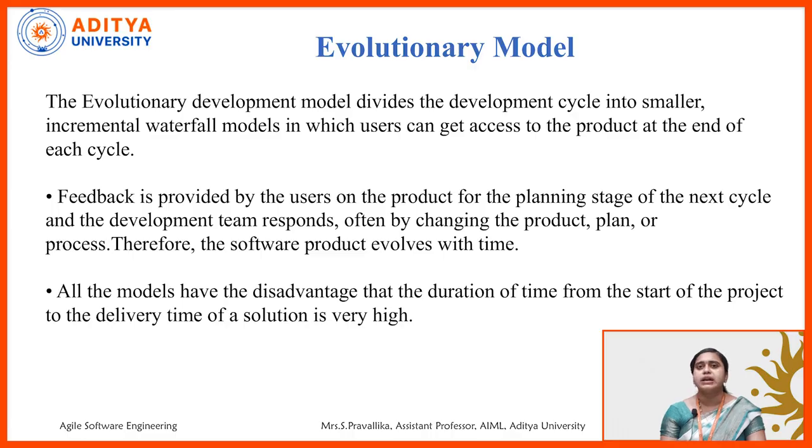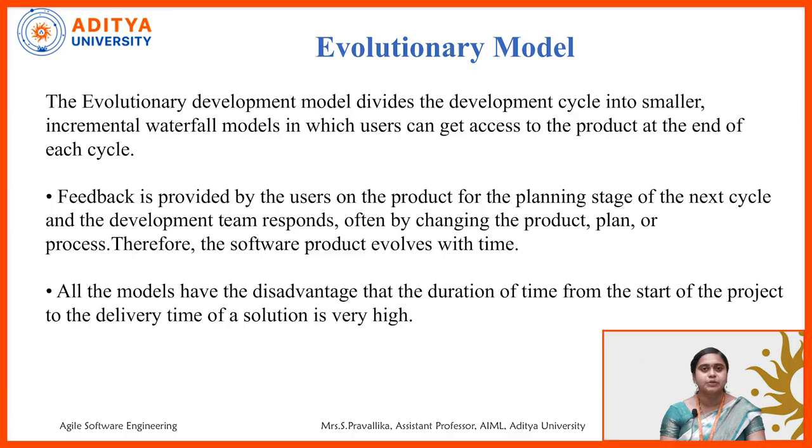Next, feedback is provided by the users on the product for the planning stage of the next cycle, and the development team responds often by changing the product plan or the process. Therefore, the software product evolves with time. So the feedback provided by the users on the product for the planning stage of the next cycle, the development team responds to that feedback often by changing the product.